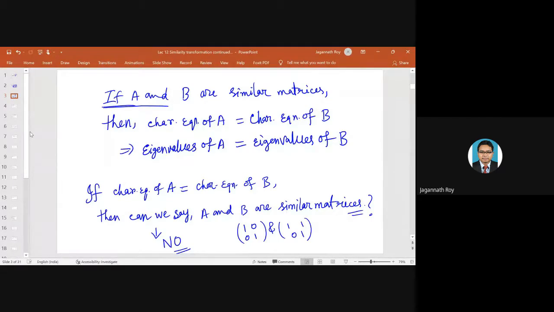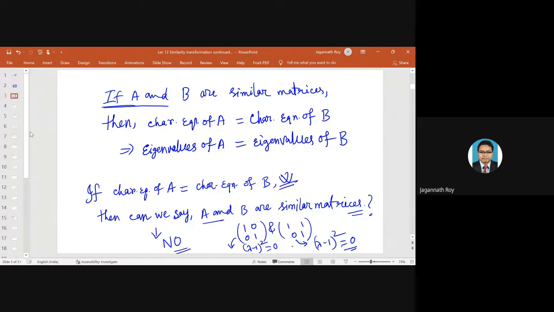But if you find their characteristic equation, it is (lambda minus 1) whole square equals 0. Here also the characteristic equation will be (lambda minus 1) whole square equals 0. The characteristic equations are the same, but these matrices are not similar.